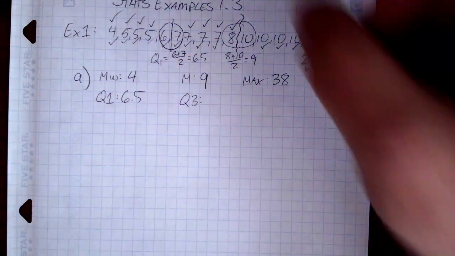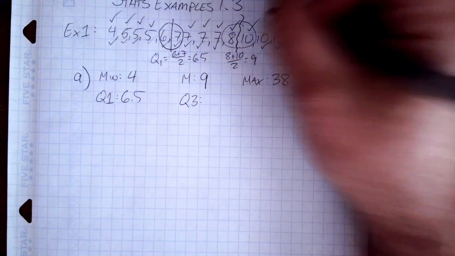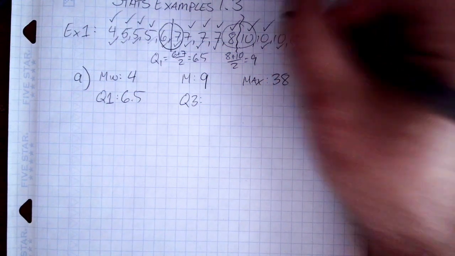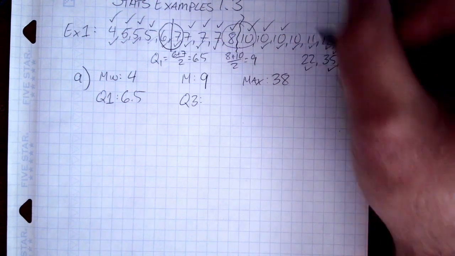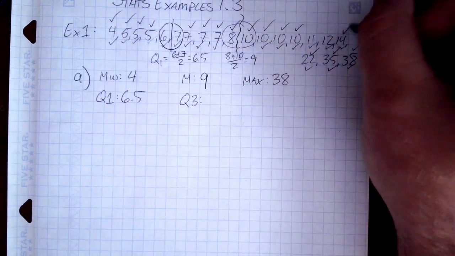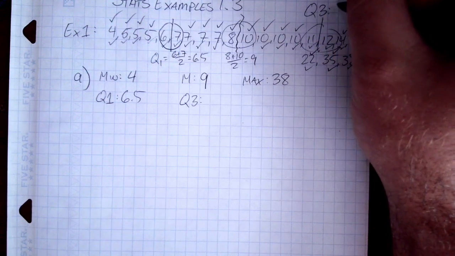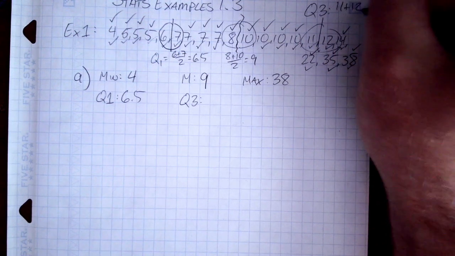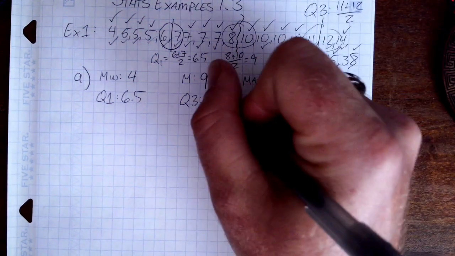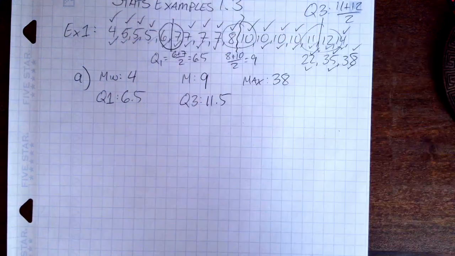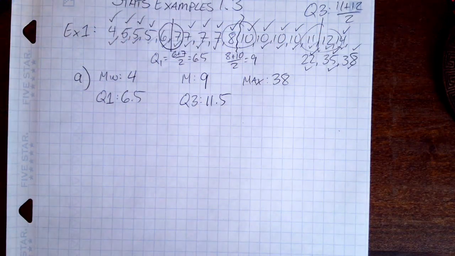And then Q3, again, working from the ends toward the middle, is going to be halfway between 11 and 12, or 11.5. So that's our 5-number summary.